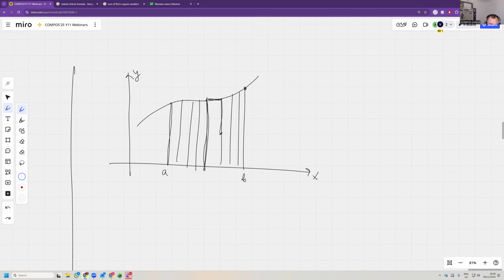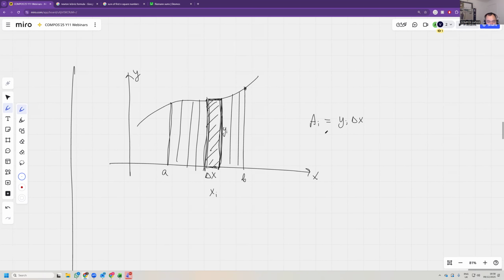If there are many rectangles, you can say that the width of this rectangle is dx, and the height is just the y value. Xi is the coordinate and yi is the height. So the area of this strip, Ai, is yi multiplied by delta x.